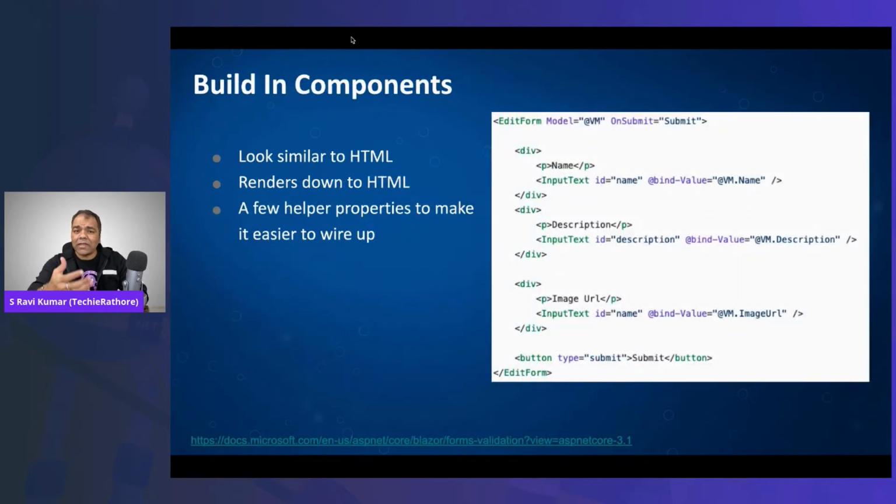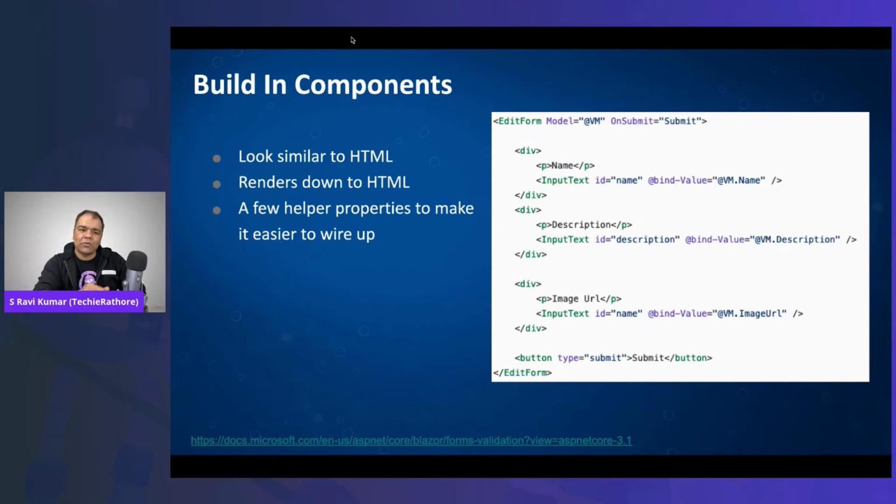Built-in components. As I said, Blazor is based on a component based architecture, so we can use some built-in components in Blazor, like EditForm, InputText, and buttons. These built-in components are automatically transformed into HTML, and they use the CSS which is defined in your website directly.